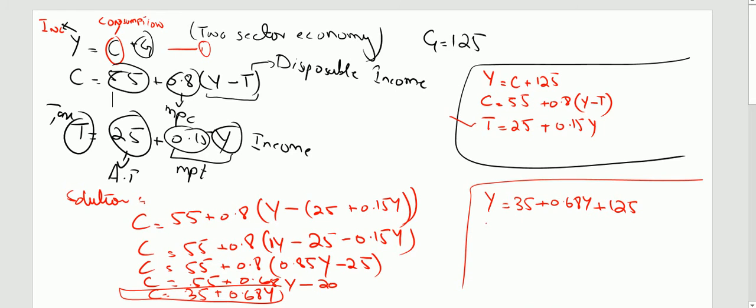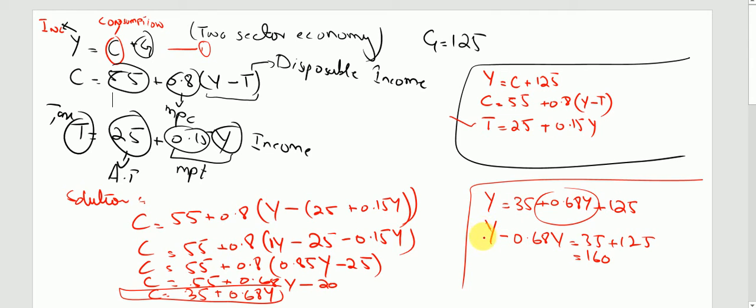Now we take this 0.68y to the other side, and the sign gets changed, so it becomes y minus 0.68y equals 35 plus 125. 35 plus 125 will become 160. And as I told you earlier, if before a variable there is nothing, then according to the math rule there is 1.